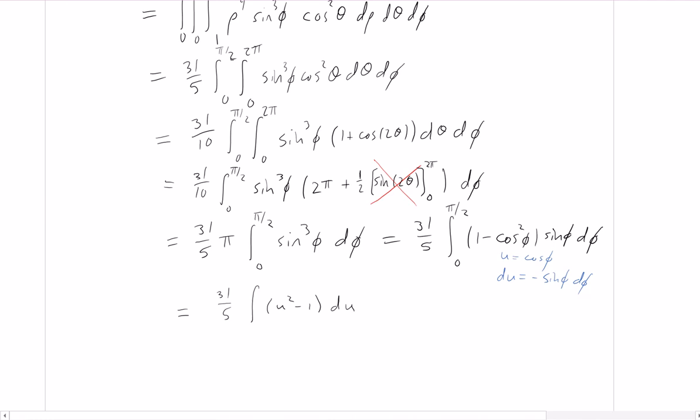When phi is 0, u is cosine of 0, which is 1. And when phi is pi over 2, u is cosine of pi over 2, which is 0. And now let's actually add another minus sign, because the bounds look kind of silly this way. We have 0 on top and 1 on bottom. Let's flip them and get an extra minus sign. So we'll put the subtraction back the way it was before.